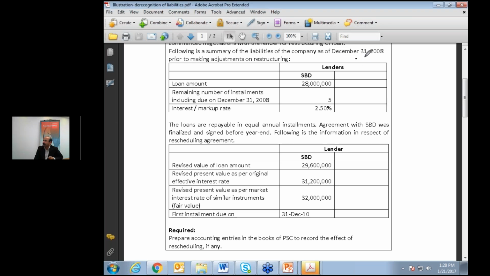So on December 31st, 2008, this is the loan amount. And this is the revised value of the loan amount. But bases are different. The revised value of the loan amount 29.60.